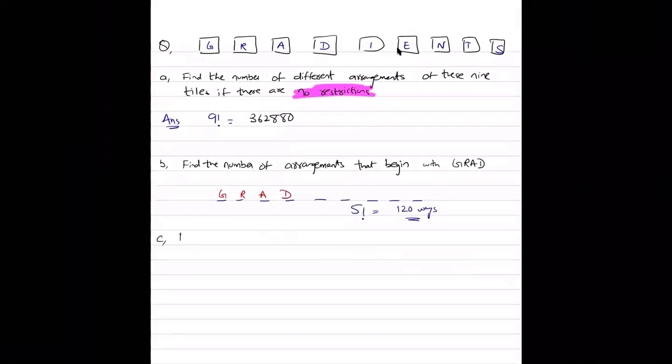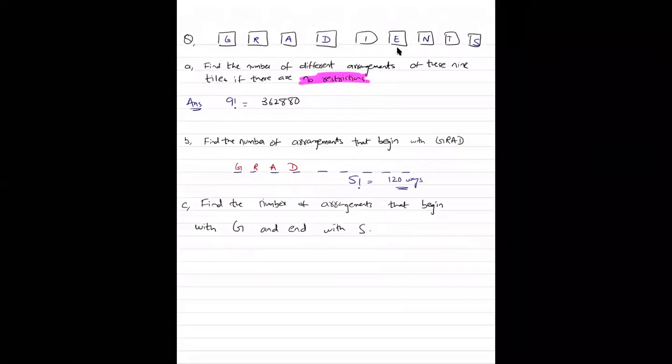Now part C says you need to find the number of arrangements that begin with the letter G and end with the letter S. Sir, is the answer to the B part only going to be 5 factorial, 120?